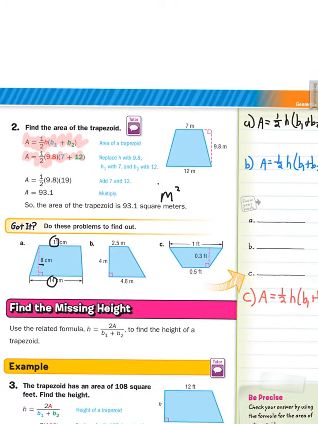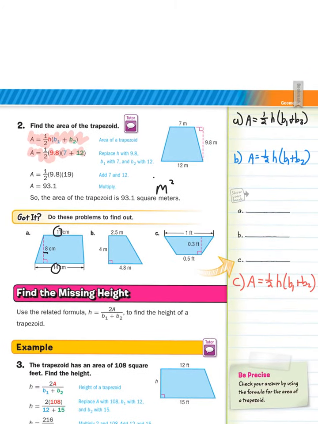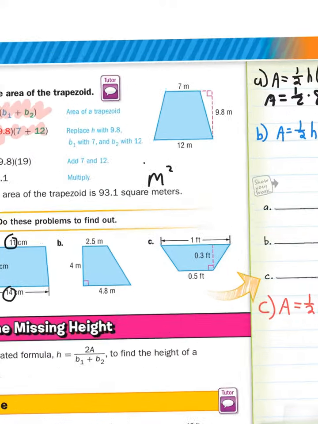Let me zoom out a little bit so we can see everything. So I have area is 1/2 times the height is the 8 times base 1 is 11 and base plus base 2, which is 14. Now I'm going to zoom in a little bit here.